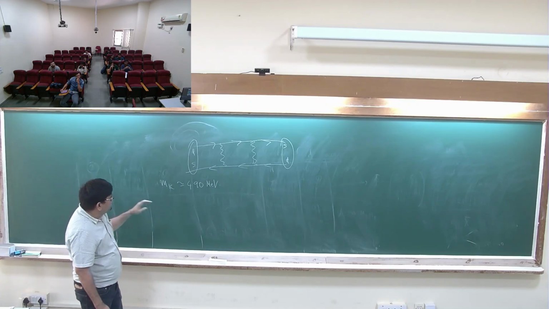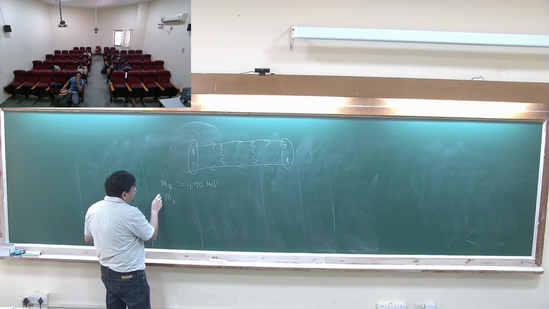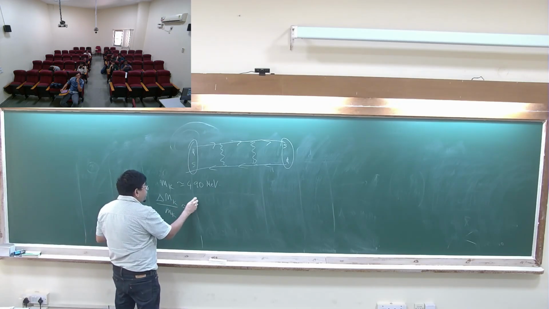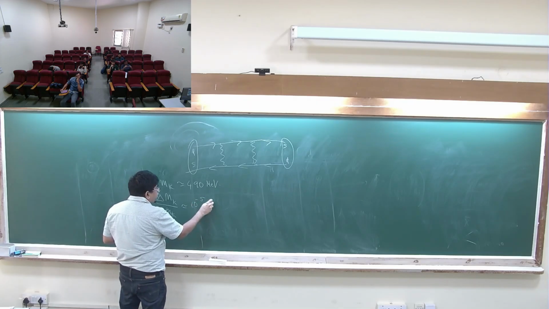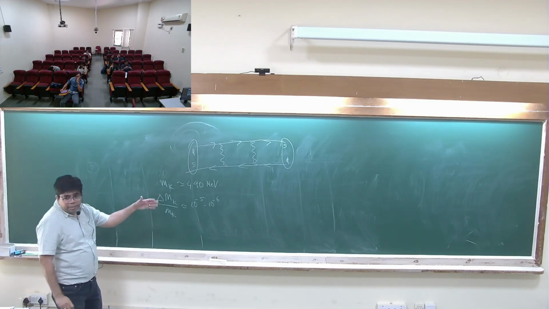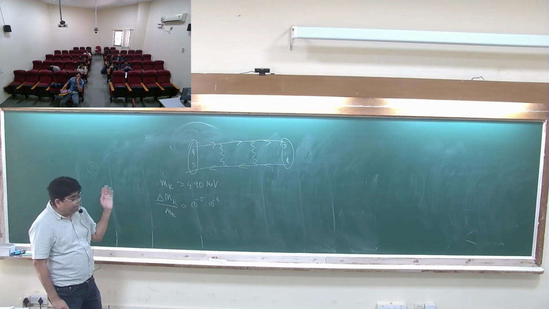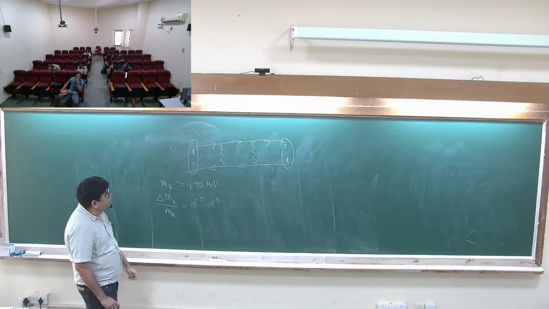So the mass difference of K0 K0 bar, delta mK by mK, is 10 power minus 5, 10 power minus 6. It's around that. It's around 1 per mil.